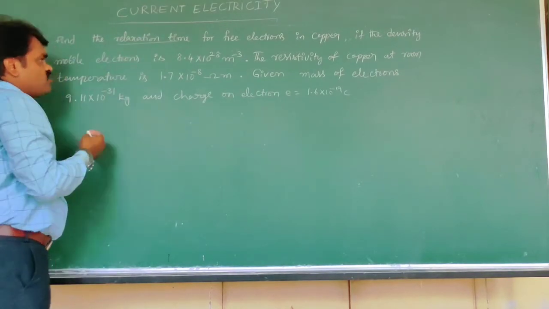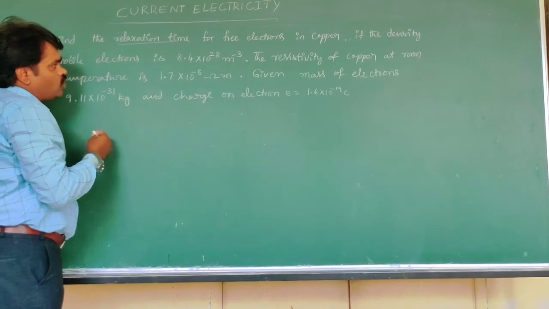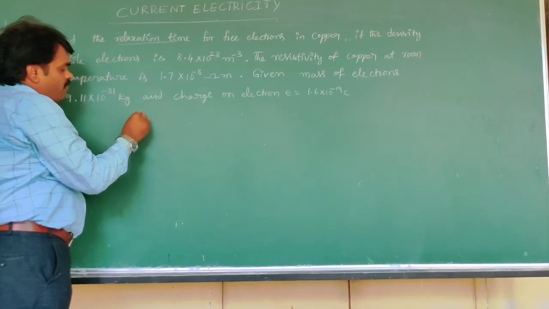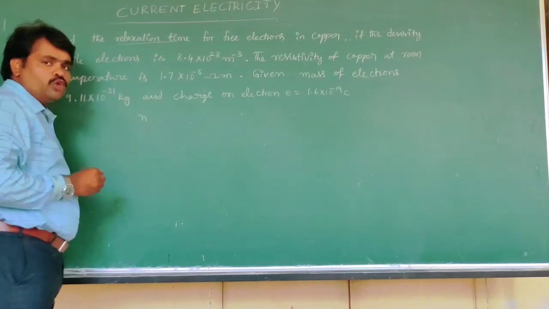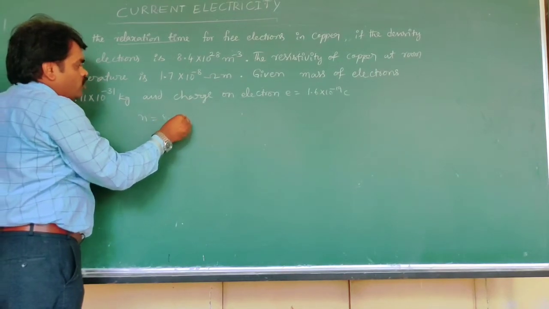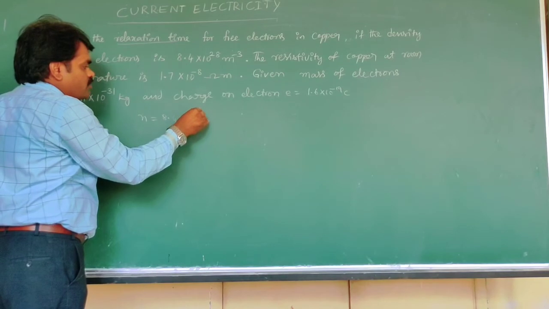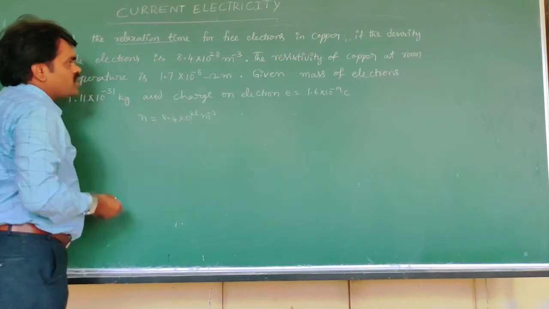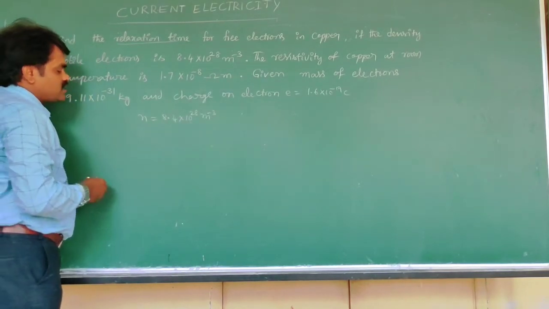Now first, what is given, we write now. The number of electrons per unit volume in copper, n, is equal to 8.4 into 10 to the power of 28 meter power minus 3. That is the number density of electrons.